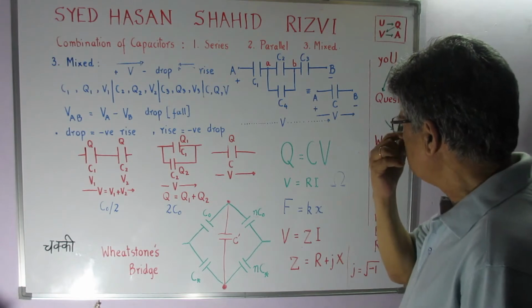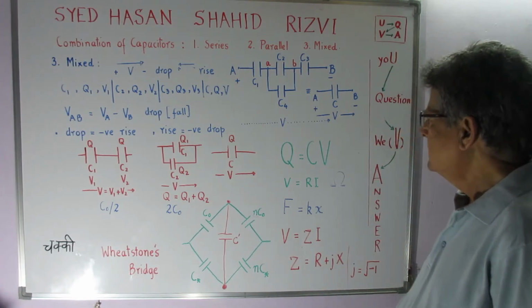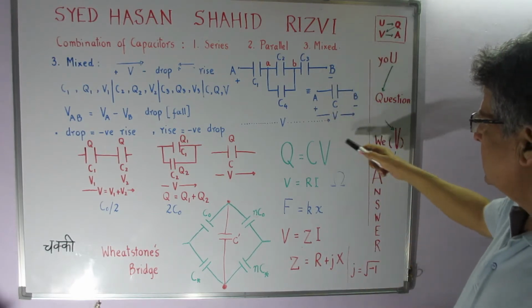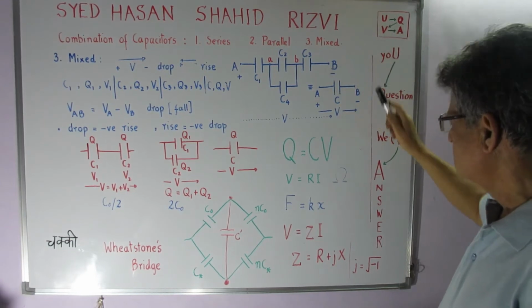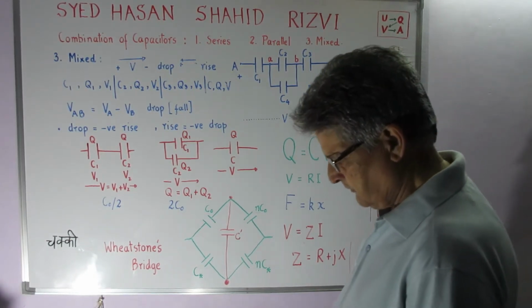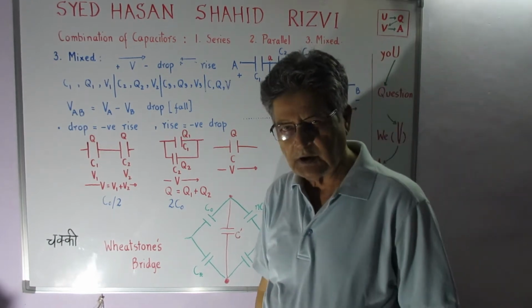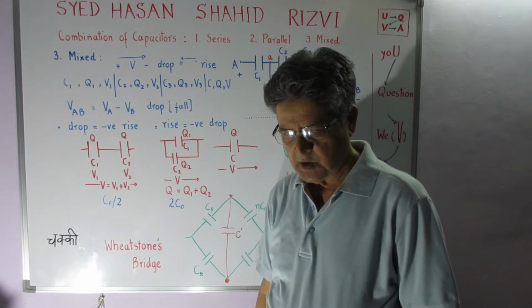You will understand that slowly and gradually. And in the equivalent, we also again have the same application of the potential difference from the battery or from the cell. Now be attentive.